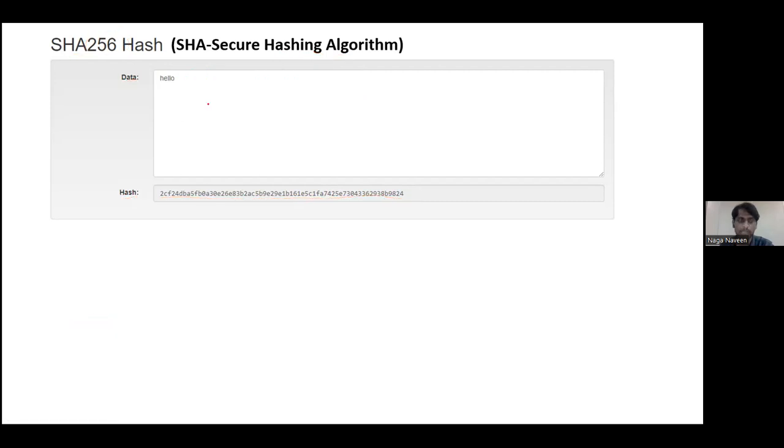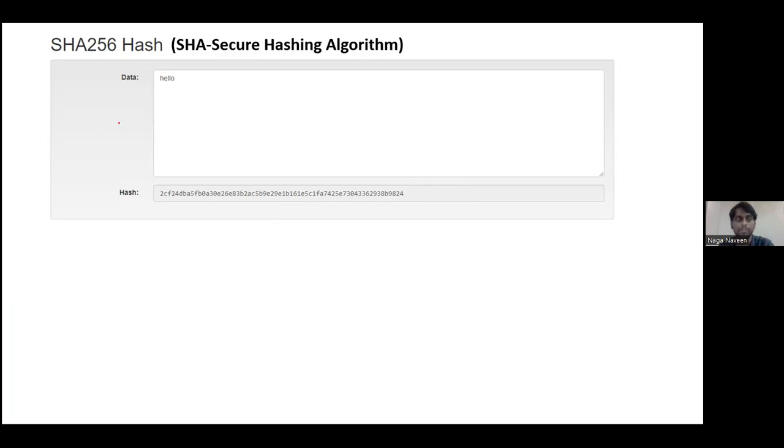So as an example, I have typed hello, and it has given a hash. Some people will try to count these letters and see whether it has 256 bits or not. For them, let me clarify: this will not show 256 bits, because it contains 64 alphanumeric elements. Why?